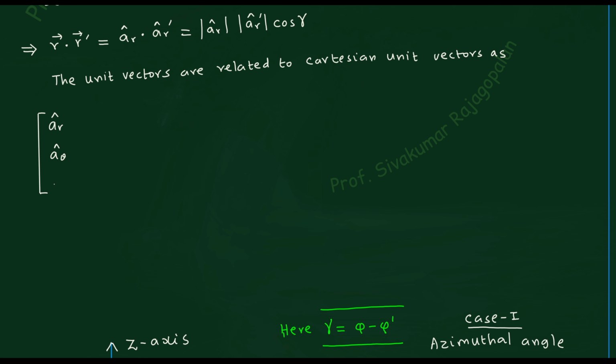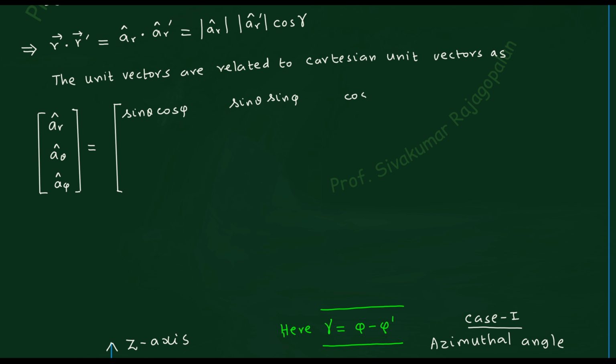So right now I will assume that you know this, and then I will write down the corresponding connection. Connection means the relation between the unit vector in the spherical and the unit vector in the Cartesian. That connection only I am writing, and the connection is given by this kind of matrix. Quite a simple matrix, by the way. Sin theta cos phi, then you have sin theta sin phi, and then the last term is cos theta.